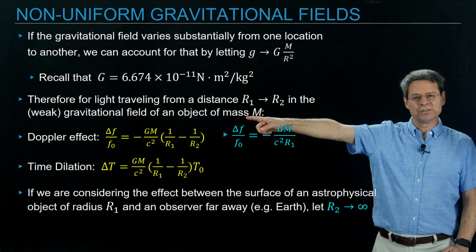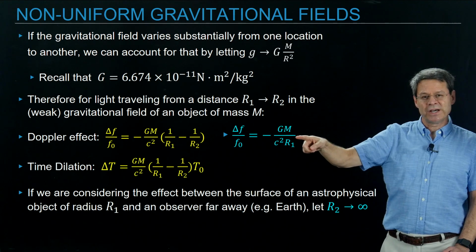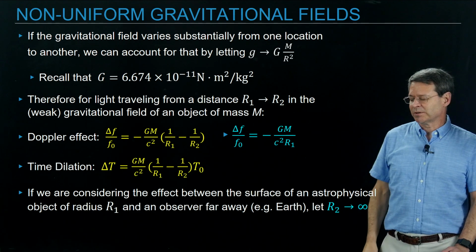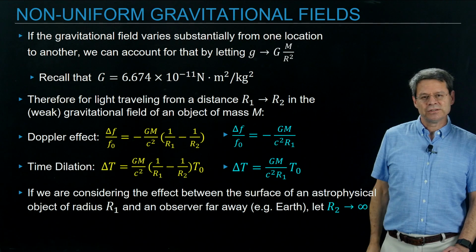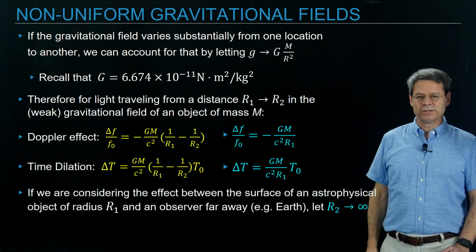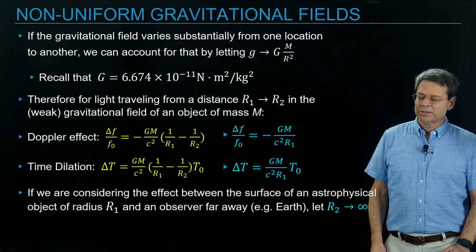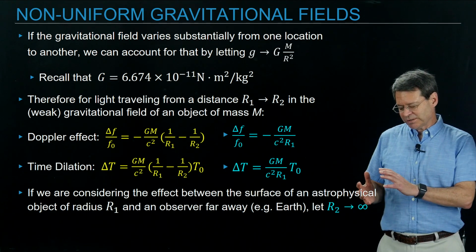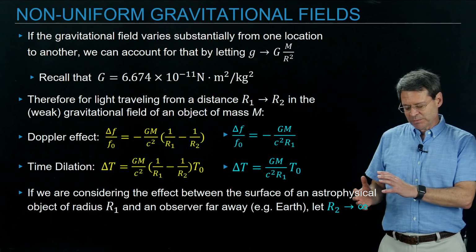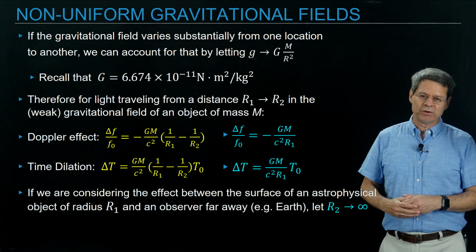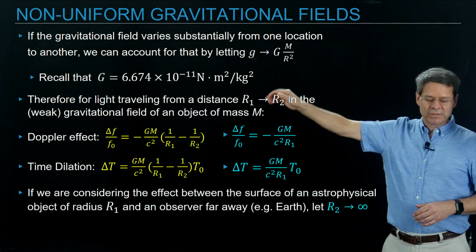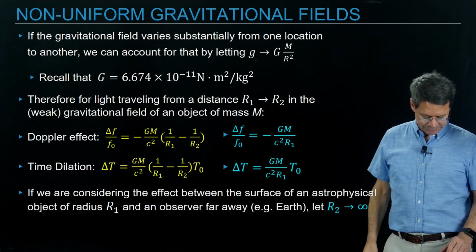My Doppler formula is just delta f over f naught is minus GM over c squared r1. And my time dilation formula, delta t, is GM over c squared r1 times t naught. So this is the case where I want to compare the time dilation effect or the Doppler effect from a distance r1 from an object to a distance infinitely far away. So maybe it's another galaxy, for example.